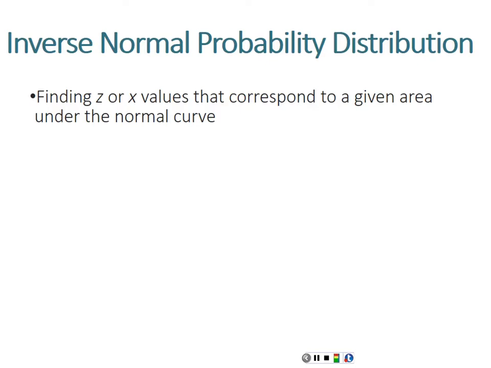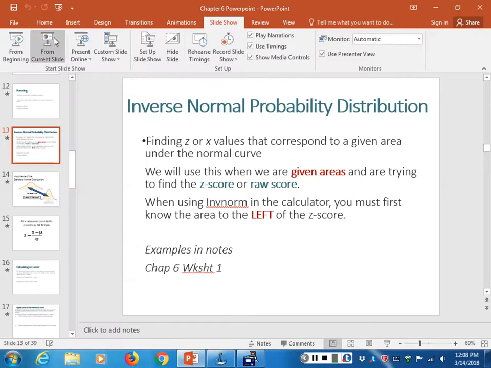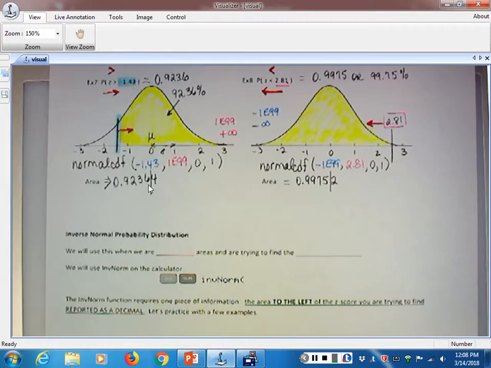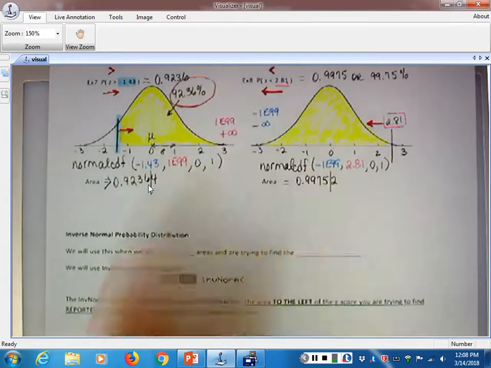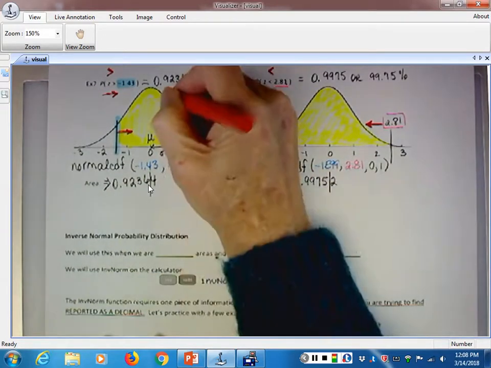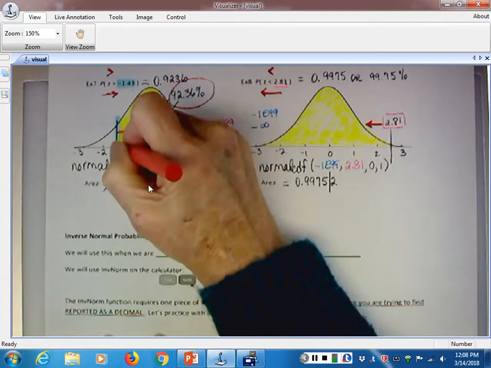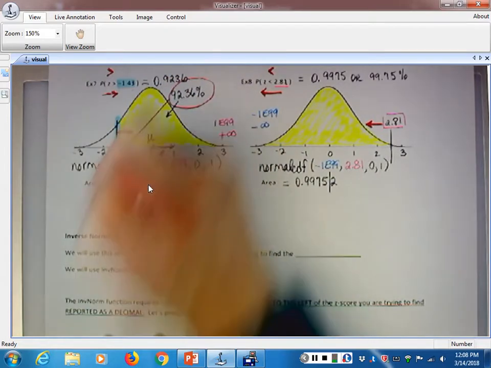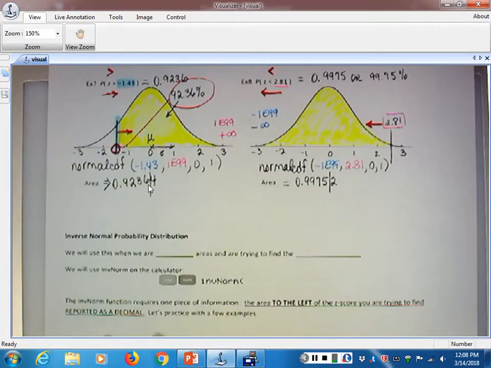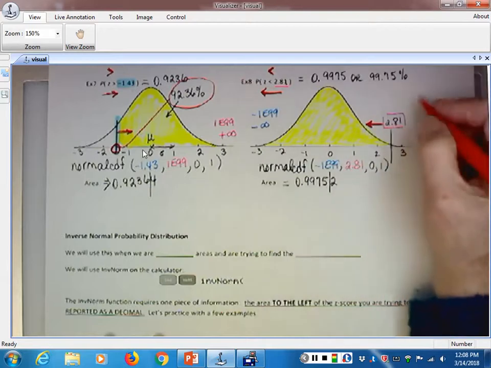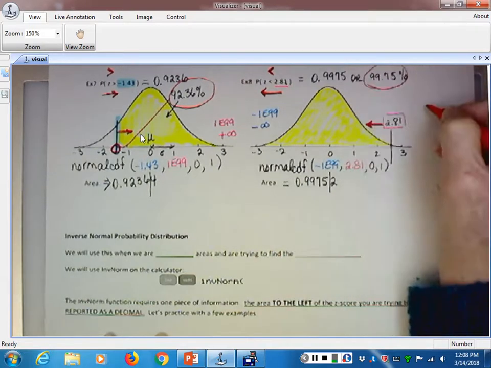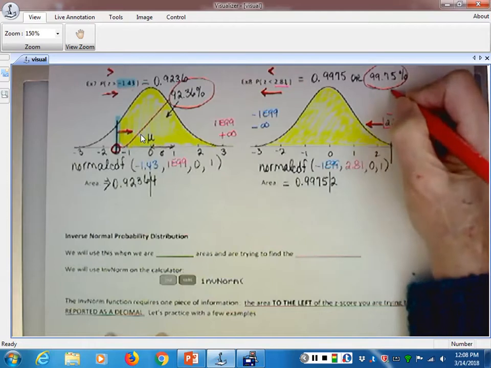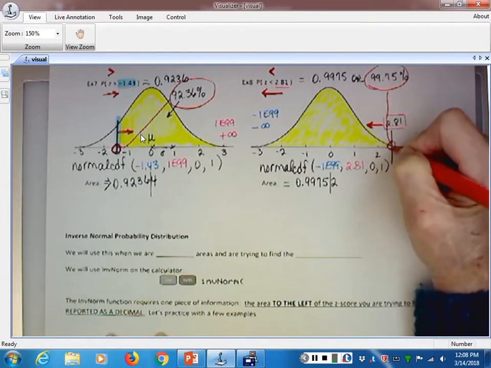In other words, we're going to be given this and expected to find the value of that. Or we're going to be given this and expected to find the value of that.